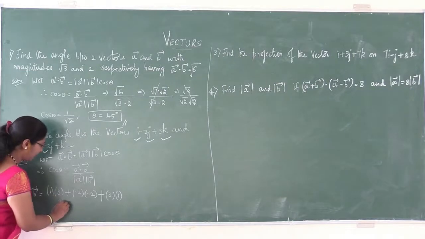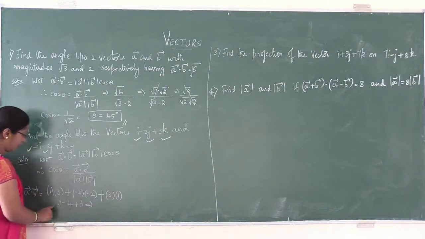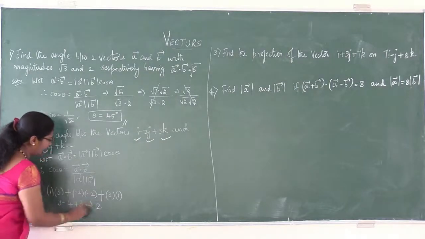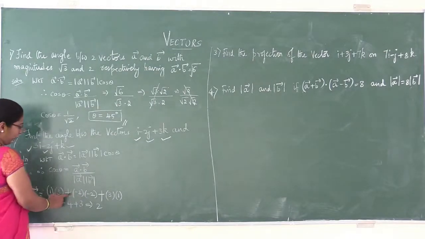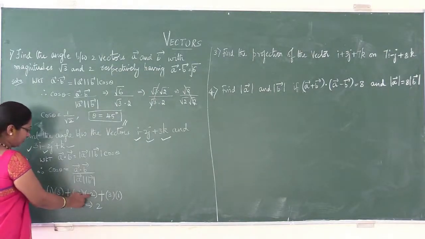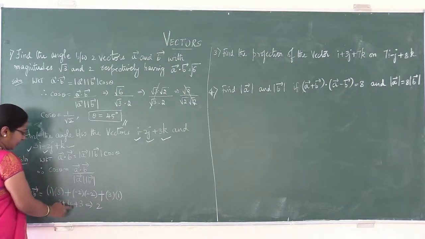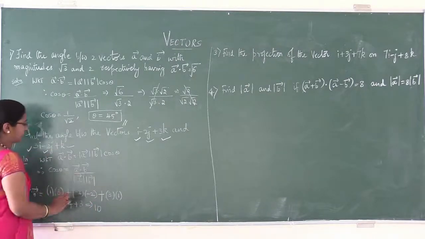So this will be 3 minus 4 plus 3. Minus times minus is plus, so 3 plus 4 is 7, and 7 plus 3 will be equal to 10.